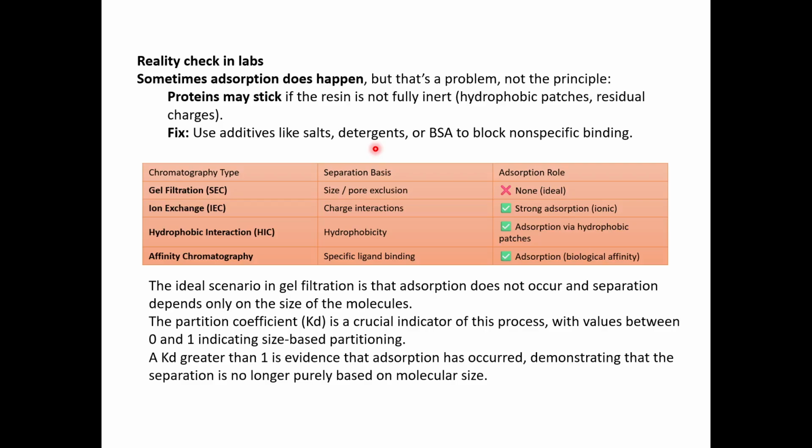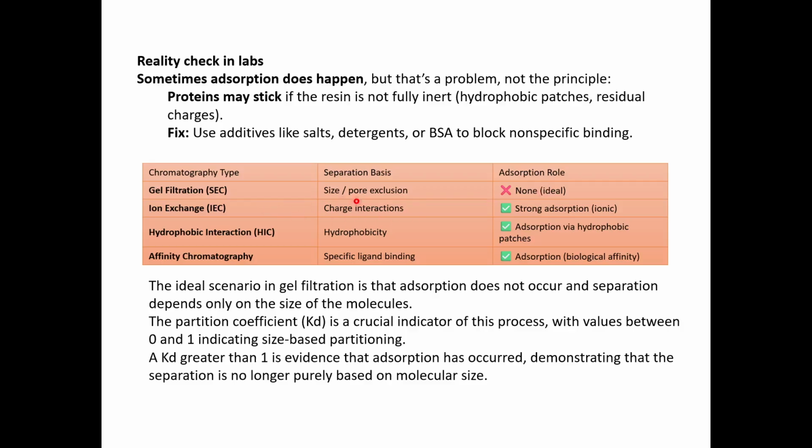In the same way, you can also use blocking reagents like BSA to block non-specific binding in your column, in the beads, or you can use detergents or salts which will reduce the interactions between your protein and the beads. So this is a small table where you can see in case of SEC, it is only size and pore and there should be no adsorption ideally.